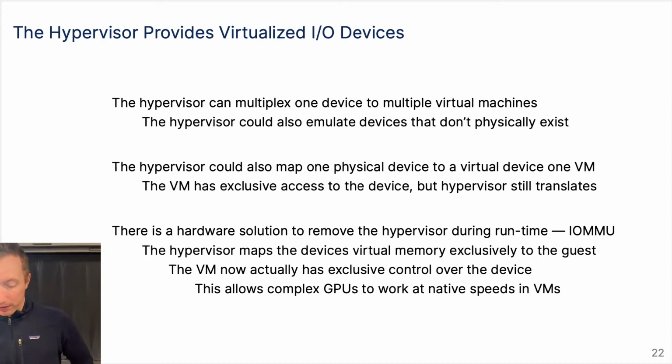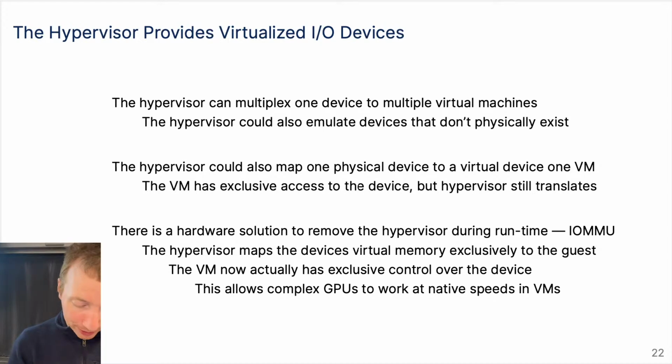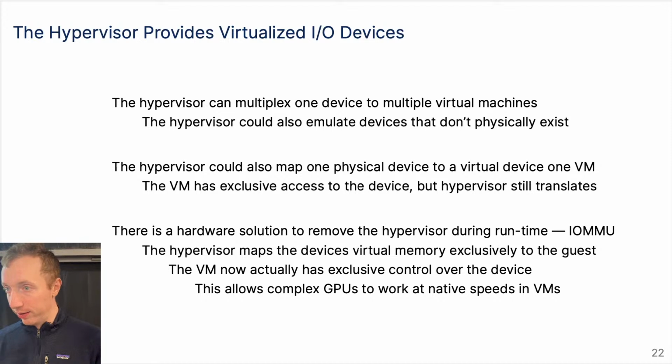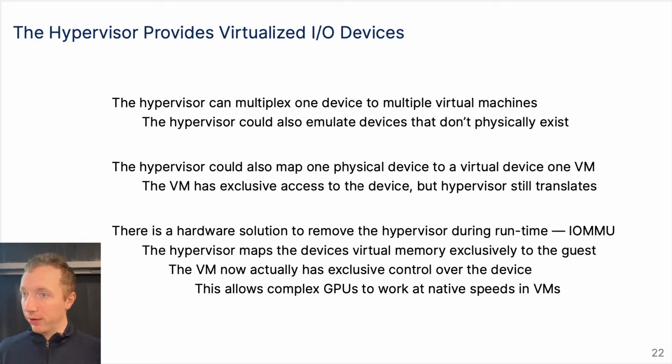Other thing the hypervisor could provide is virtualized IO devices. The hypervisor can choose to just multiplex one device to multiple virtual machines. So for example, like a network card, each virtual machine can think it has its own network card, and there's only one physical network card on the device, so they all just kind of share that one, and the hypervisor manages that.